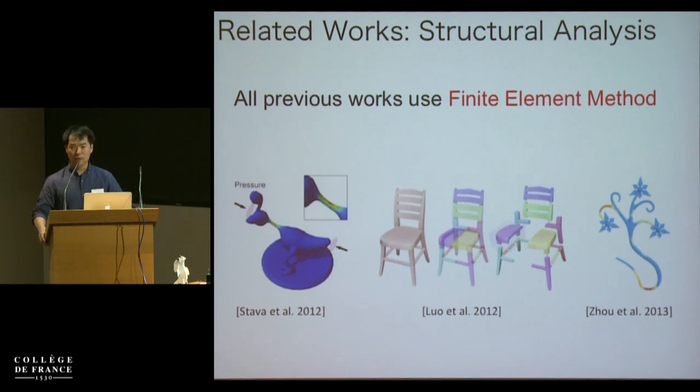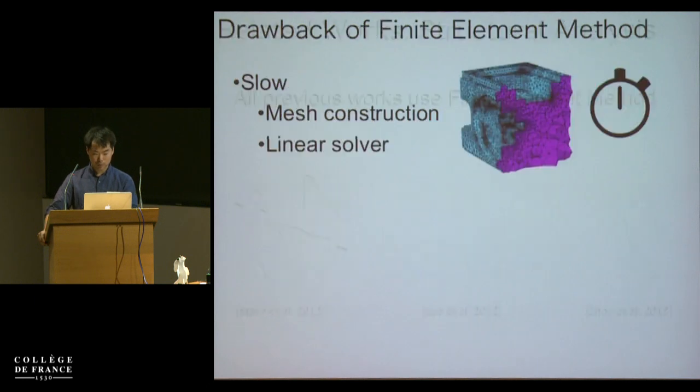So related work is structural analysis, and there is a lot of work about analyzing the structural strength of 3D objects. But all previous work was done by the finite element method.